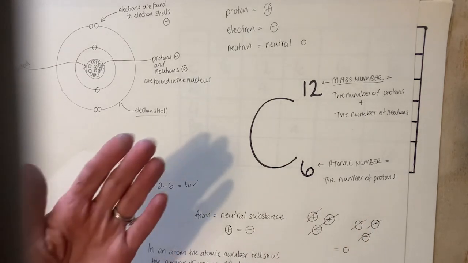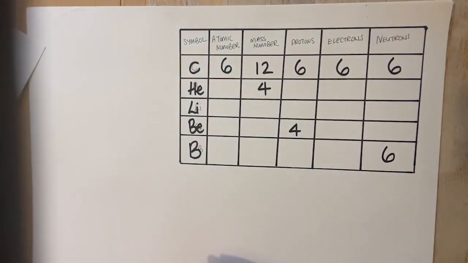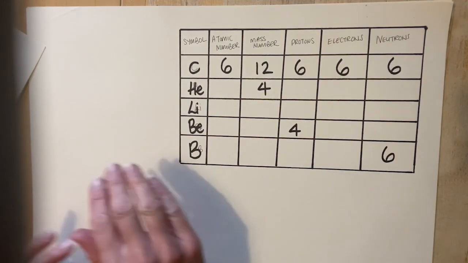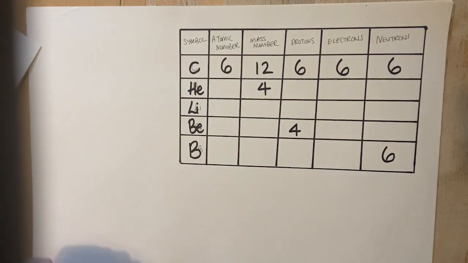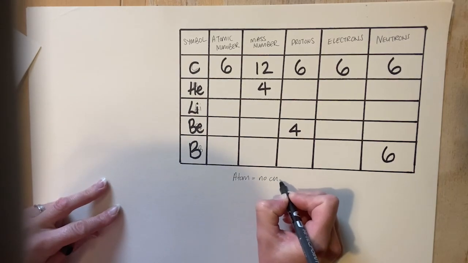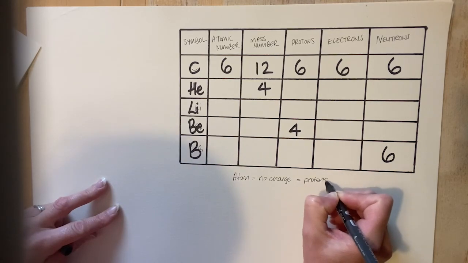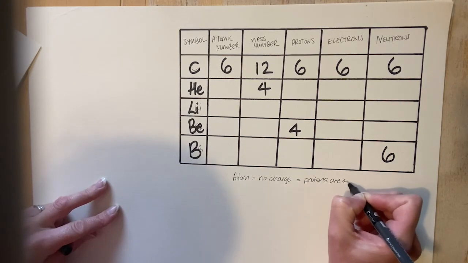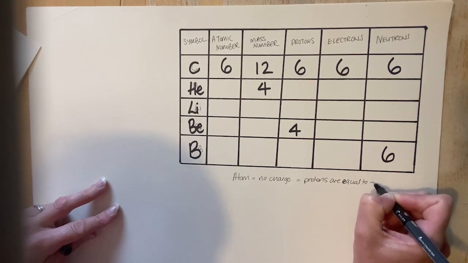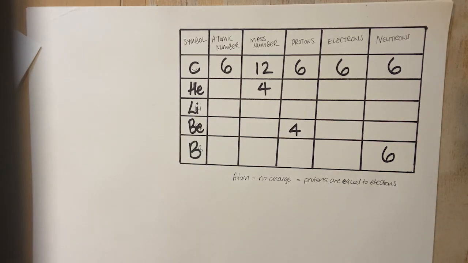If there's one positive for every negative, they cancel each other out, 0 charge. So we can assume that in this case, we are looking at an atom that has no charge. And if an atom has no charge, it must then mean that the protons are equal to the electrons.